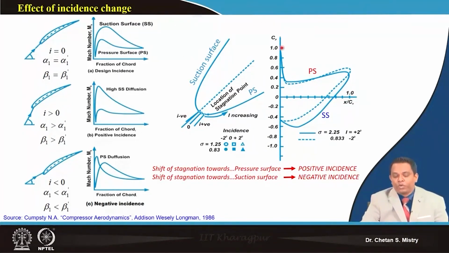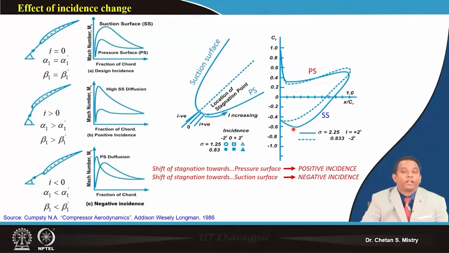And let me show you here, this is representing the CP distribution, particularly when we are having positive incidence angle and negative incidence angle, and we can realize what we are discussing. In the case of positive incidence angle, we are having proper management of flow on my pressure surface as well as on my suction surface.